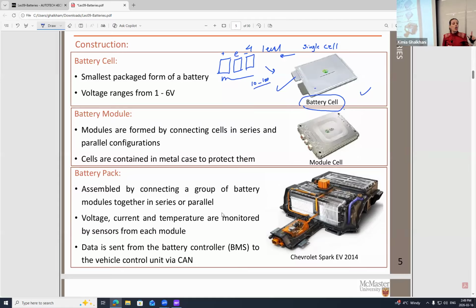And based on the type of the battery, for example this one, or prismatic batteries, they are folded. For example, they have a very long sheet of cathode, a very long sheet of electrolyte, and a long sheet of anode, placed on top of each other in a certain order.